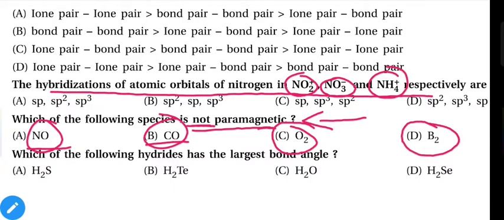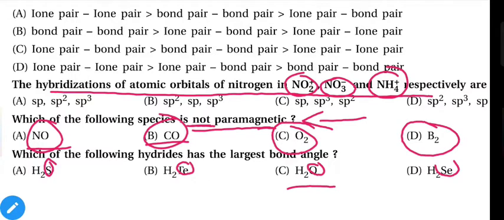So let's jump to the last question: which of the following hydrides has the largest bond angle? Notice here we have S, Te, O and Se, and all of them belong to the same group 16, the oxygen family. So their electronic configuration will be similar and hybridizations will be similar as well. The only difference will be their sizes.